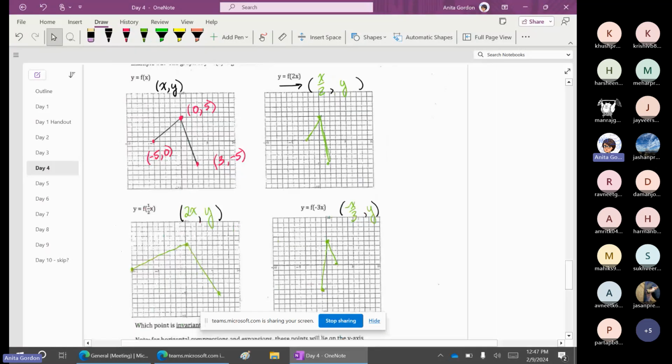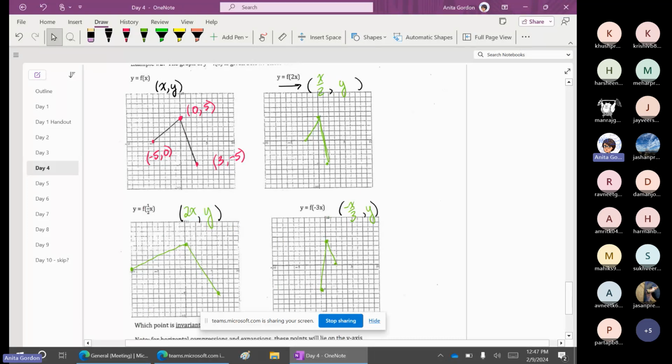When you're ready, the answers are on your screen. Double check that your mapping is correct. Double check that your pictures are correct. And if you're done all 3, I want you to identify the invariant point and what is the rule when we're dealing with horizontal stretches.